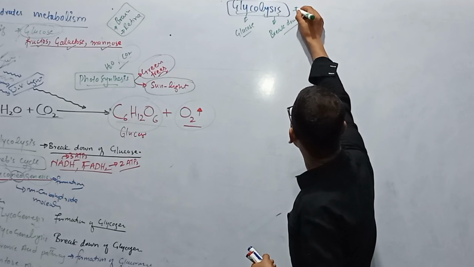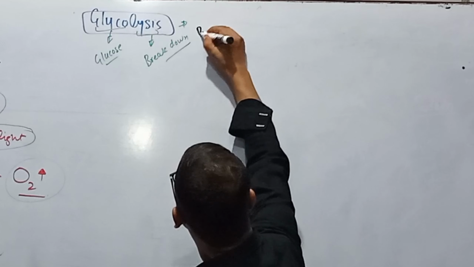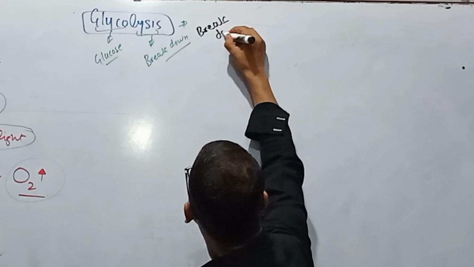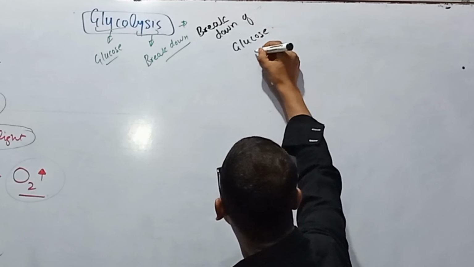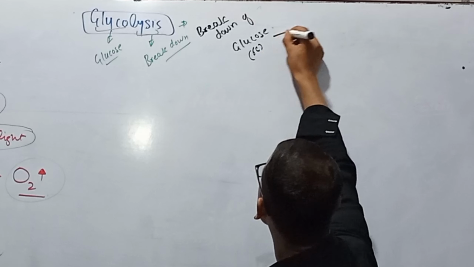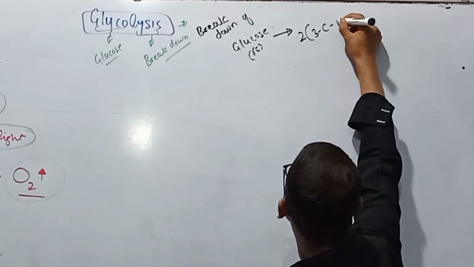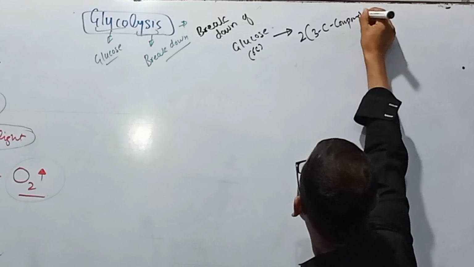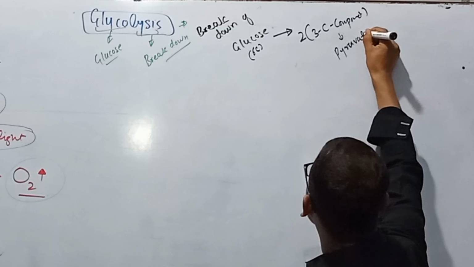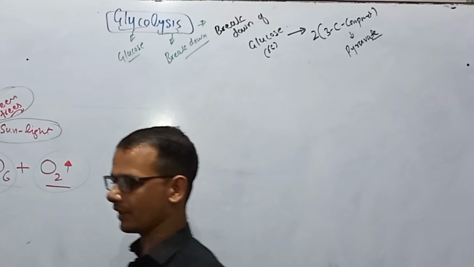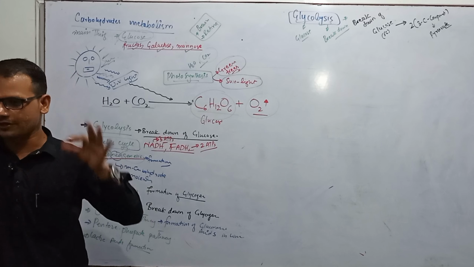For example, this is the breakdown of glucose, which is a 6 carbon compound, into 3 carbon compounds called pyruvate. Is glycolysis an energy consuming reaction, or an energy productive reaction?